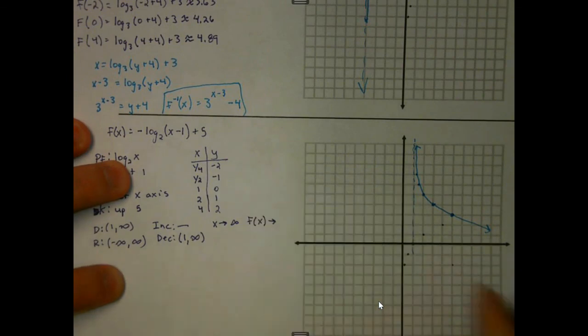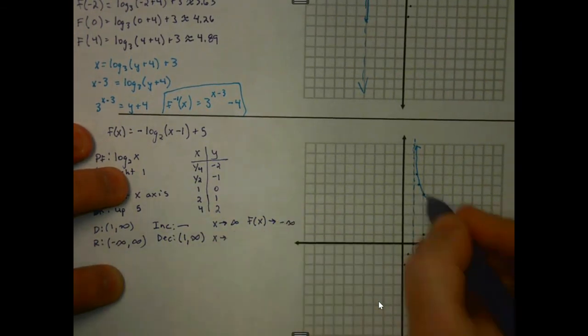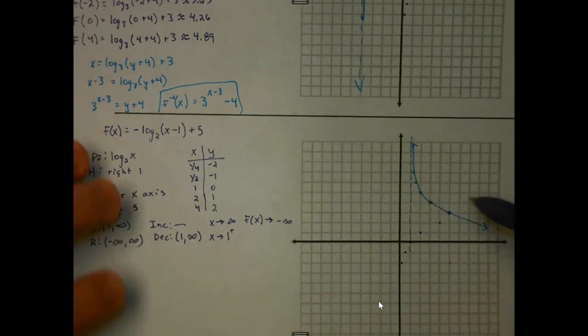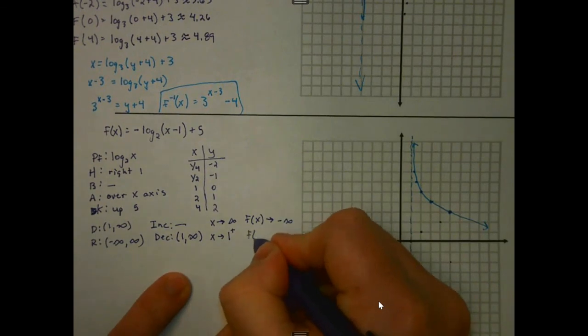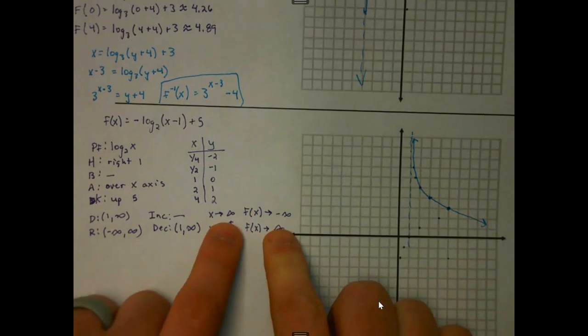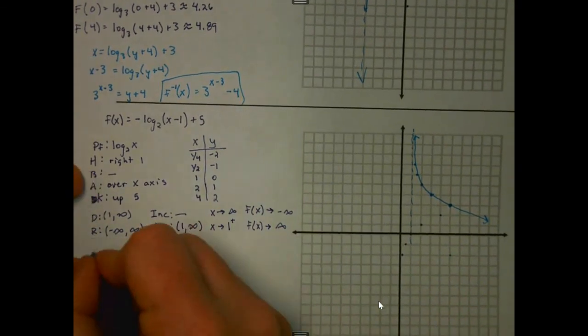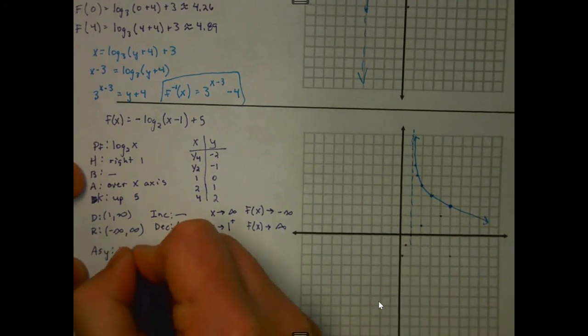Okay, so it's going to go down forever, so it's going to negative infinity. As x goes to 1 from the right side, so 1 plus, your y value is going up, so it is going to positive infinity. Again, your end behaviors may match your domain and range. We said that we had an asymptote of x equals 1.